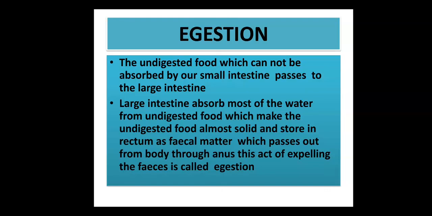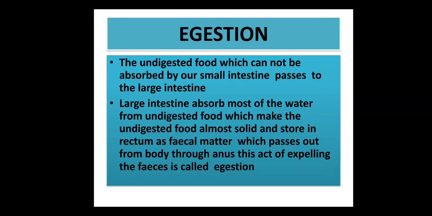Nutrient absorption happens in the small intestine. So what is the role of the large intestine? Actually, the large intestine absorbs water as much as it can from the undigested food which is passing to the large intestine.